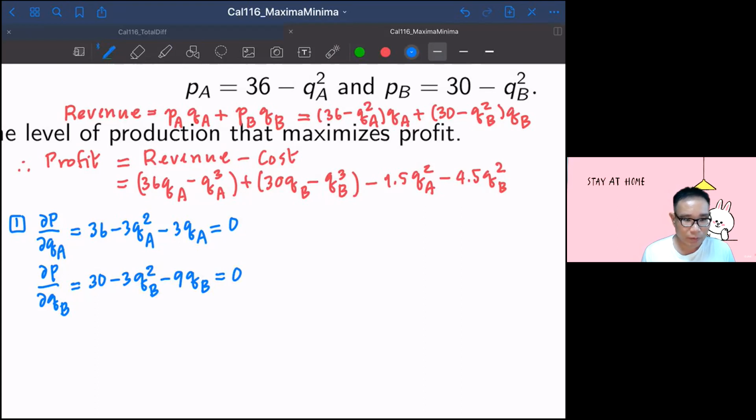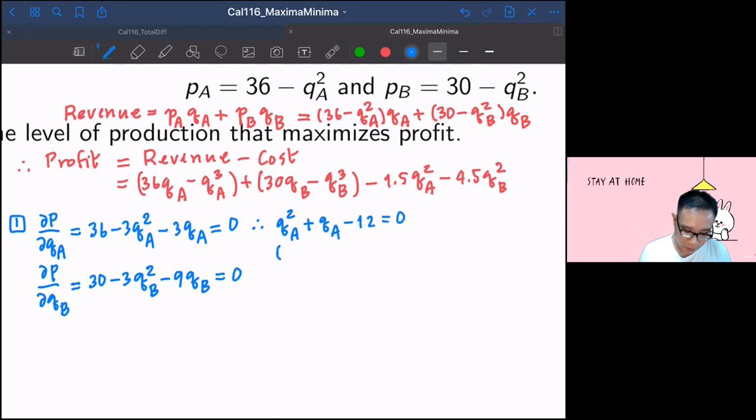And then we have to solve for QA and QB. So in this case, you would get QA square plus QA minus 12 equal to 0.